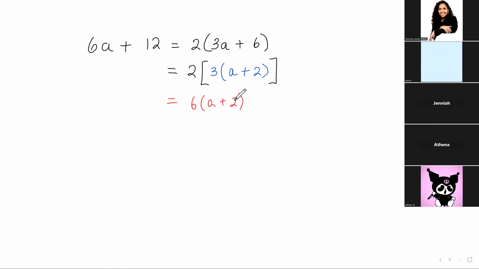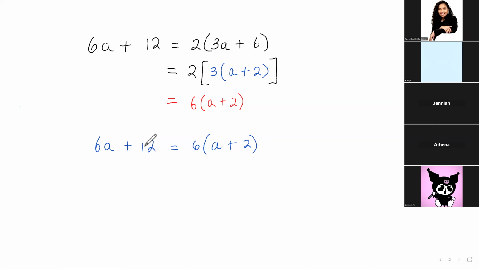Now, all of this could have been avoided if I simply used the highest common factor to begin with. So when I was factorizing 6a plus 12, had I used 6 instead, I would have been able to get to the complete answer immediately because 6 could go into 6a once since 6 times a is 6a, and 6 could go into 12 2 times, 6 times 2 is 12, right?